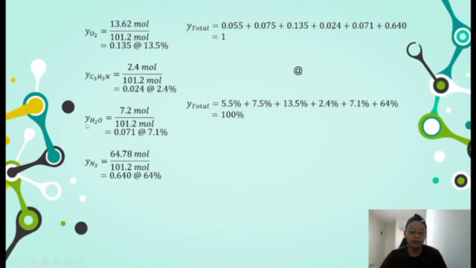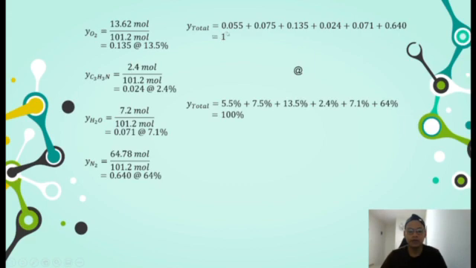For the H2O, YH2O is equal to 7.2 mol over total mole, and the answer for YH2O is 0.071 or 7.1%. For N2, YN2 is equal to 64.78 mol over 101.2 mol. So we get the answer 0.640 or 64%.